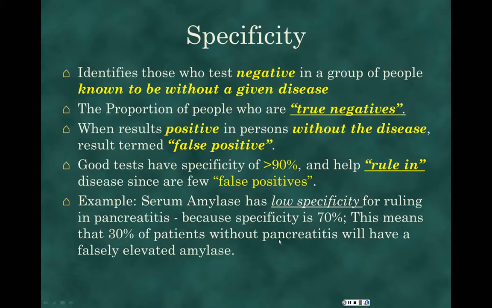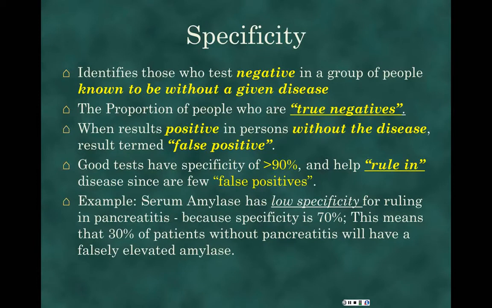Also consider specificity. Specificity identifies those who test negative in a group of people known to be without a given disease. The proportion of people who are true negatives. When the results are positive in persons without the disease, we call this false positives.